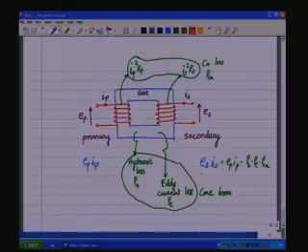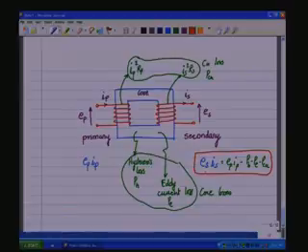So, keep this in mind, that in a practical transformer, the power output is going to be slightly lesser than the power input by an amount equal to the core losses and the copper loss. And the core losses are composed of two main components, the hysteresis loss and the eddy current loss. Now, let us see what these losses are.